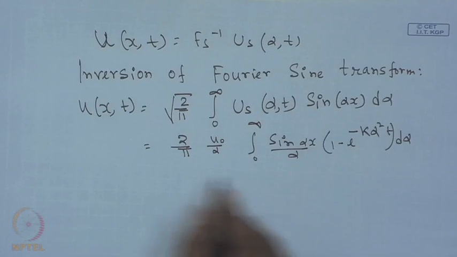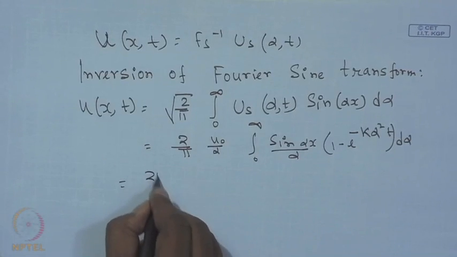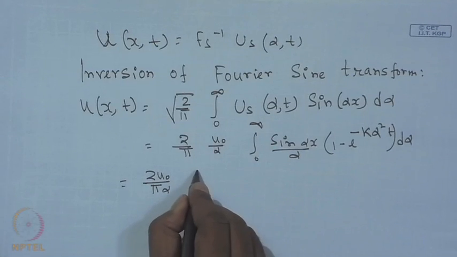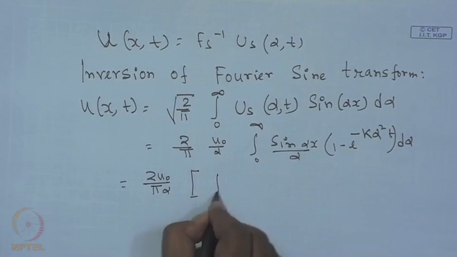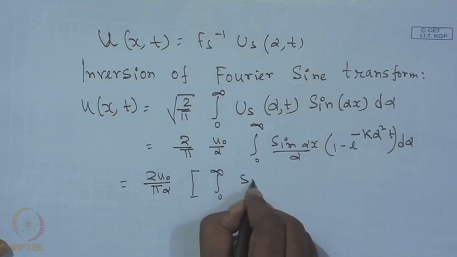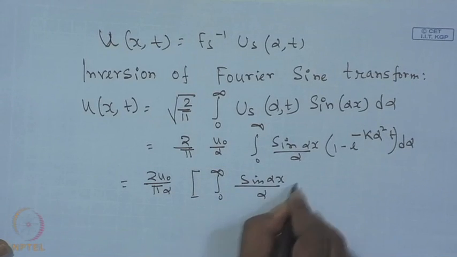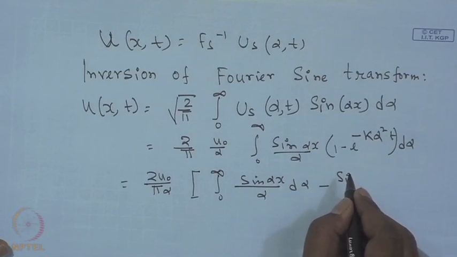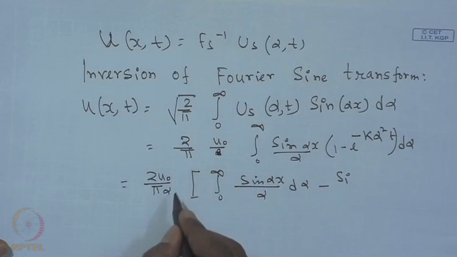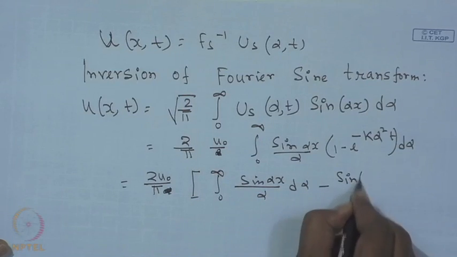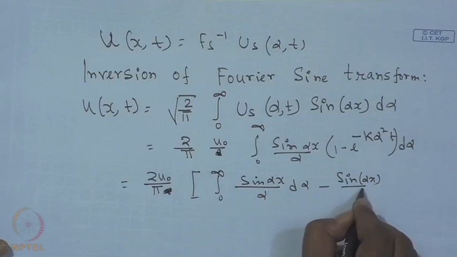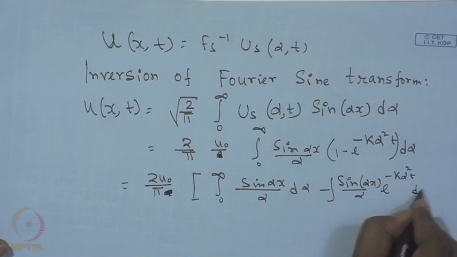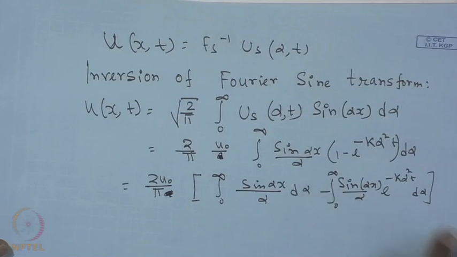Again we do an integration by parts. So, this will be 2 u naught by pi, integral 0 to infinity sin alpha x by alpha d alpha minus sin alpha x by alpha e to the power minus k alpha square t d alpha from 0 to infinity.